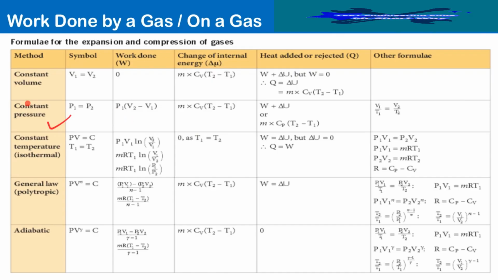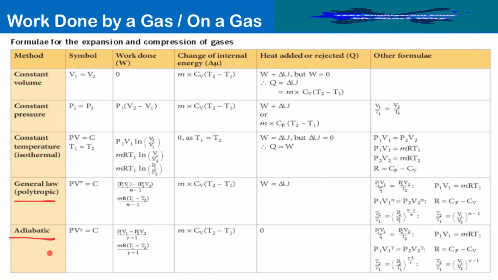Something important to note is the difference between the general or polytropic and the adiabatic laws. When you look at these two rows, they're basically identical.